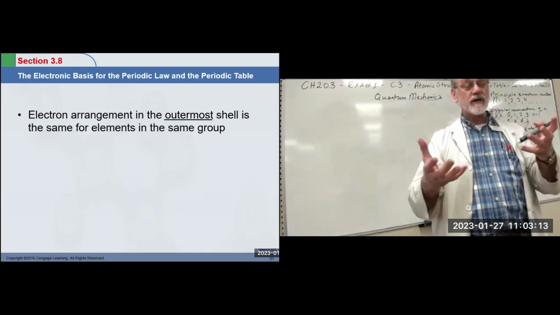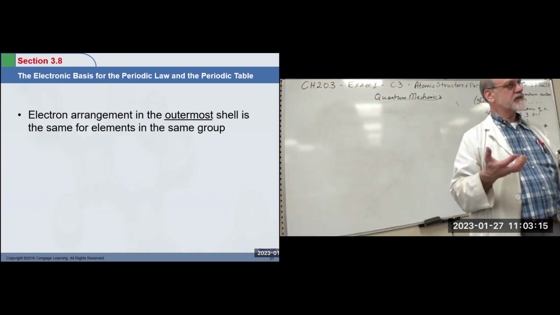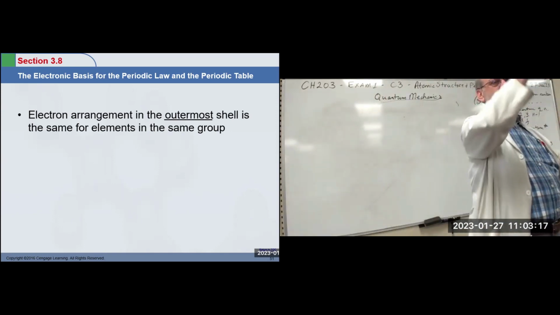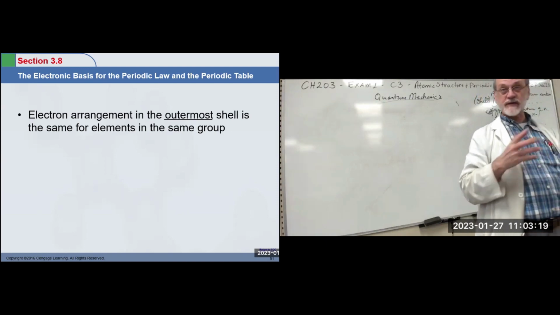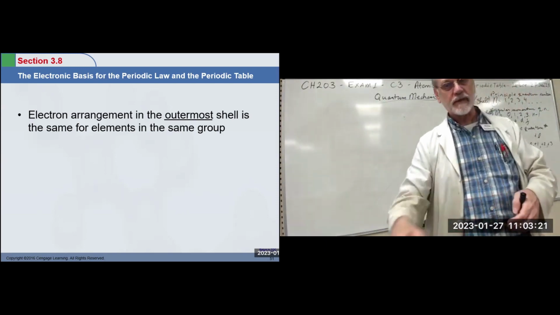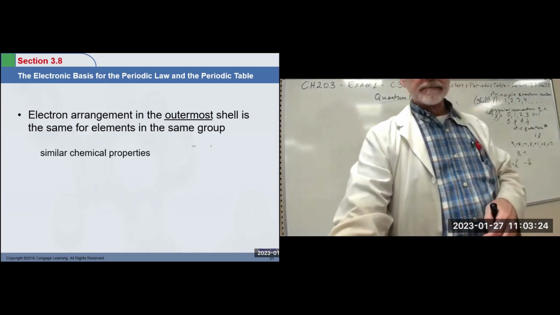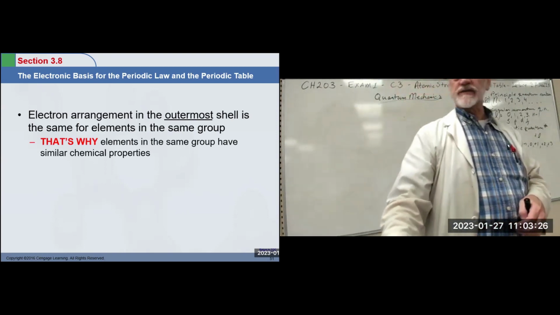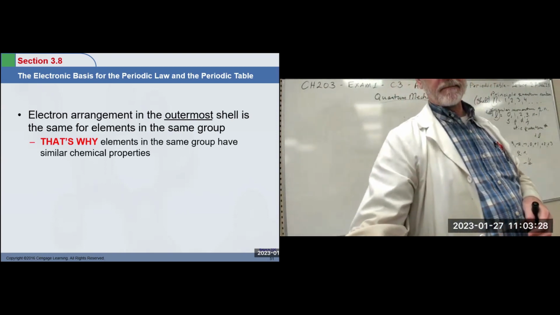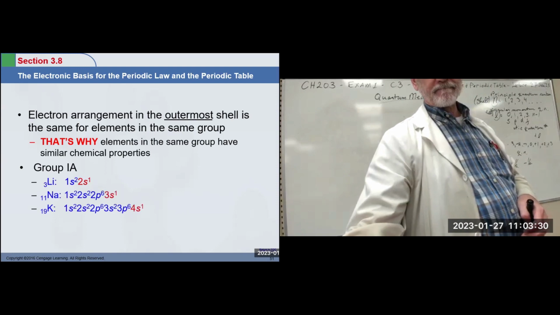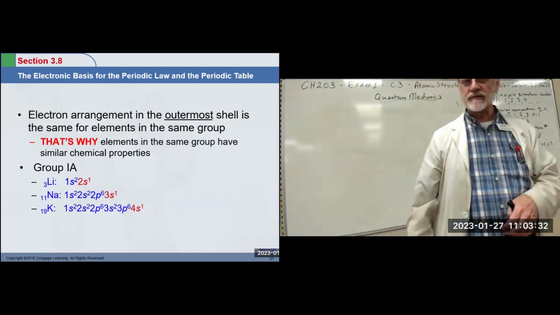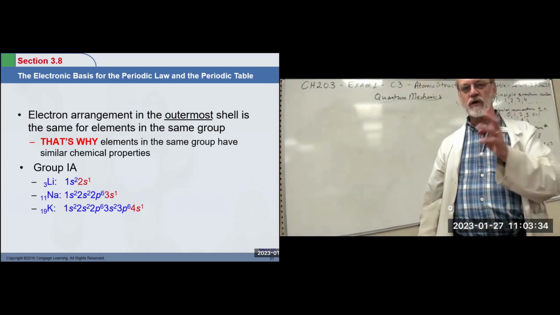Those outer electrons are similar, not exactly the same, but similar to their neighbors in that group. That's why they have similar chemical behavior. And those we call the valence electrons. Those are all group ones. Notice that 2s1, 3s1, 4s1.